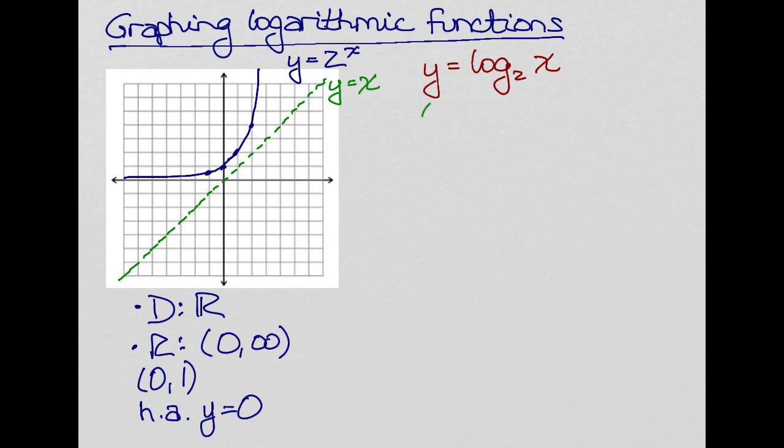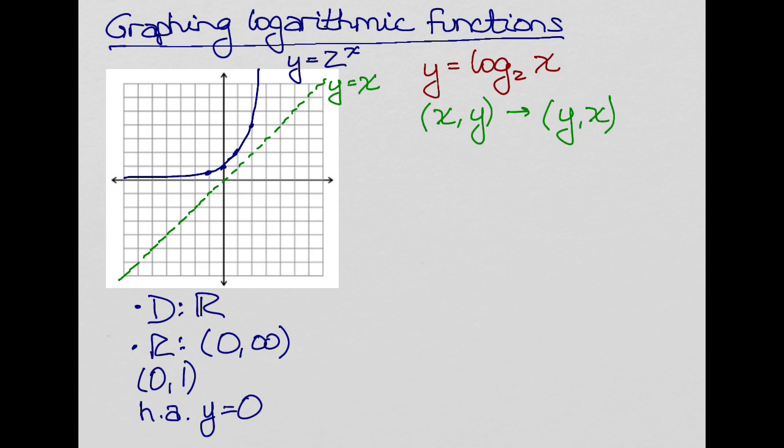Which means if there's a point x comma y on the original function, that's going to correspond to, if I flip-flop the coordinates, a point on the graph of the inverse.